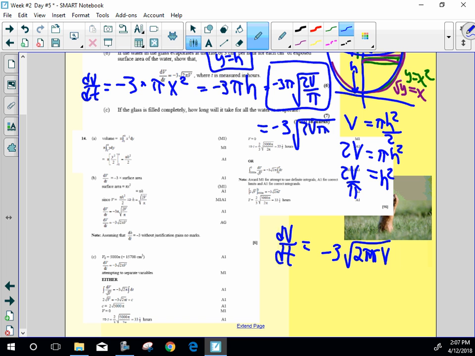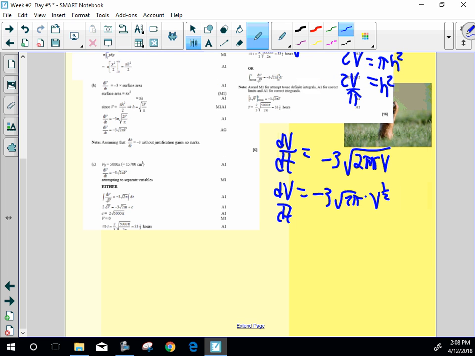All right? What we're going to do is we're going to find the time it takes to evaporate. So what you're doing is this is dv dt equal negative 3 square root of 2 pi times the square root of v, or v to the 1/2.